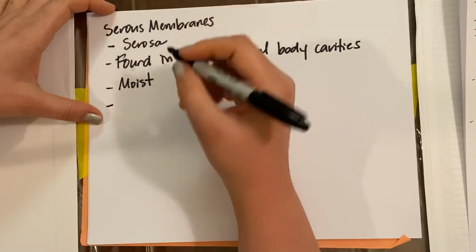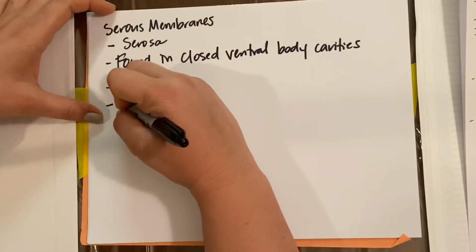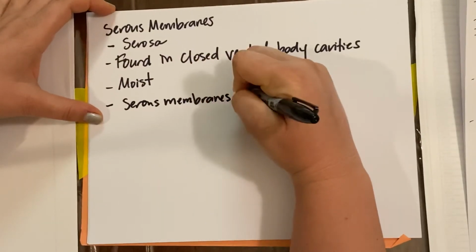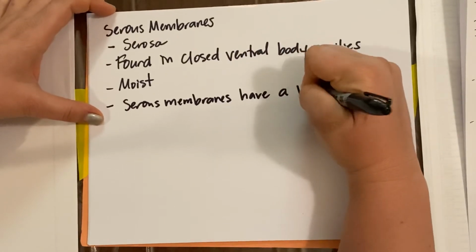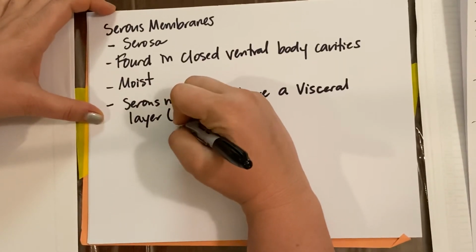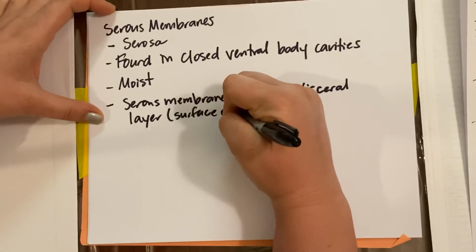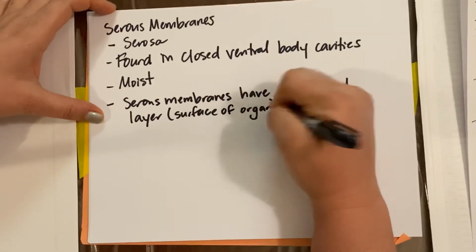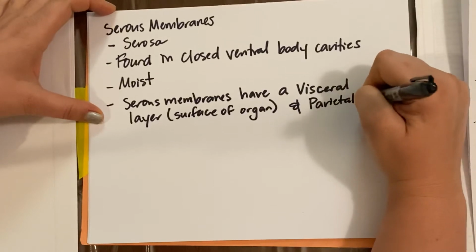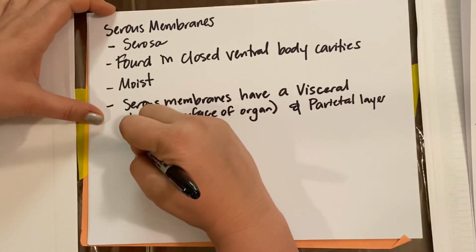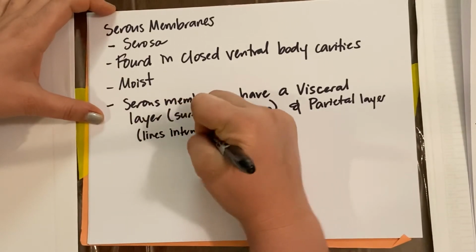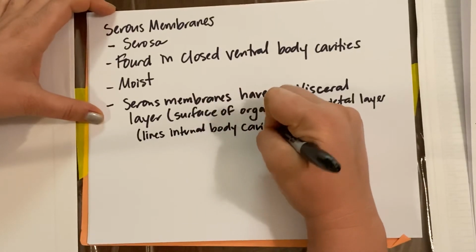We've talked about how serous membranes have a visceral layer, which is what is on the surface of an organ, and a parietal layer, which is going to be the part that lines internal body cavity walls.